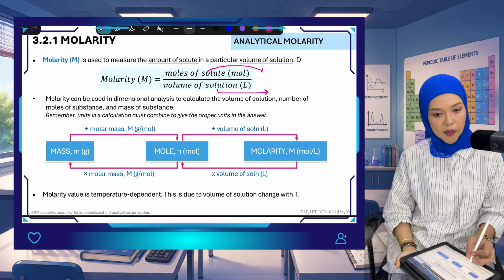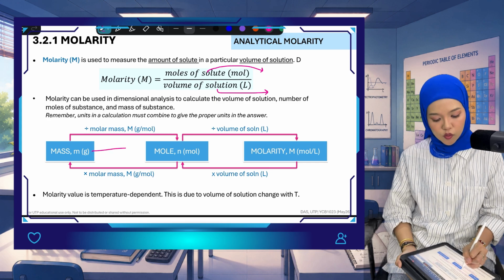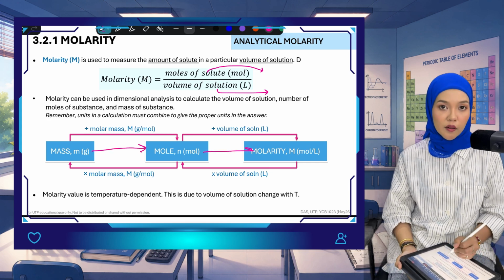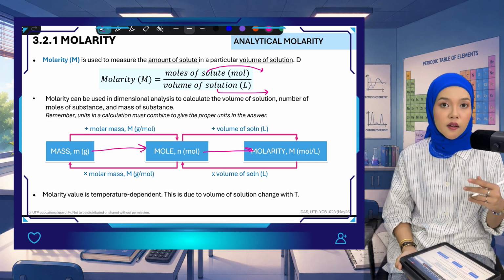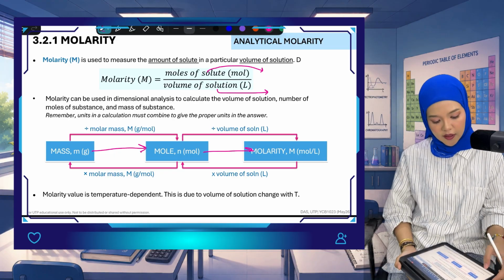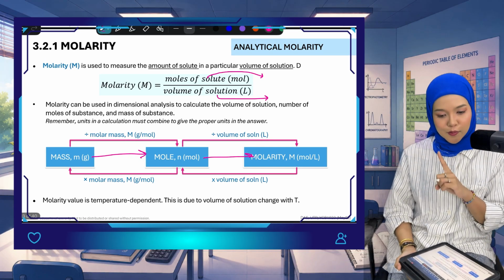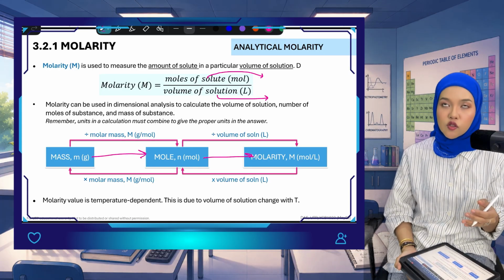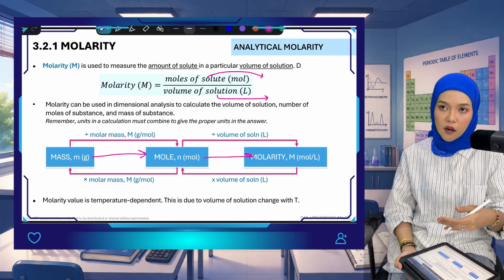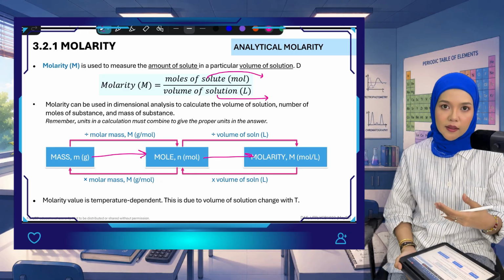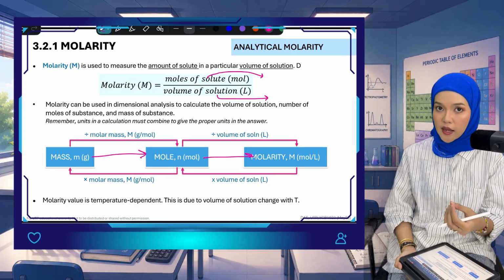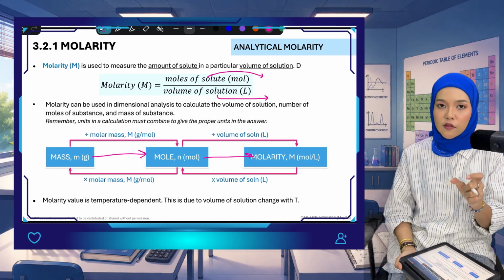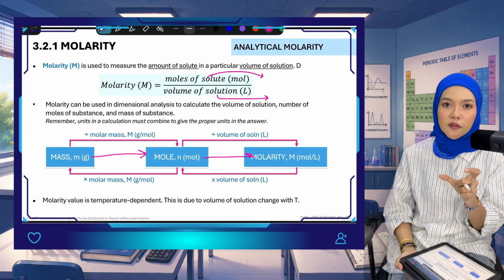You should be able to move from mass to mole, from mole to molarity, or the other way around. I would also like to mention that molarity is temperature dependent. If the temperature varies, the molarity value will likely vary as well, because the volume varies with temperature.